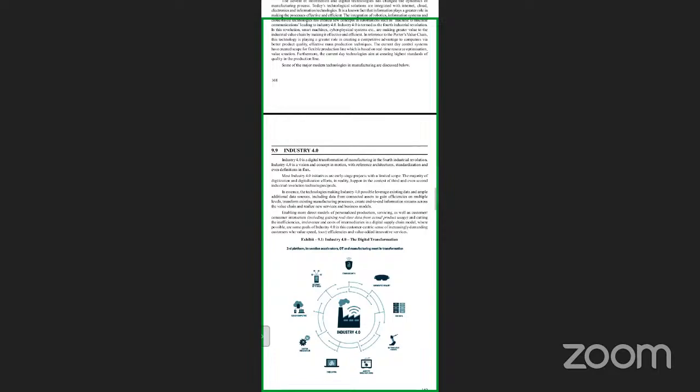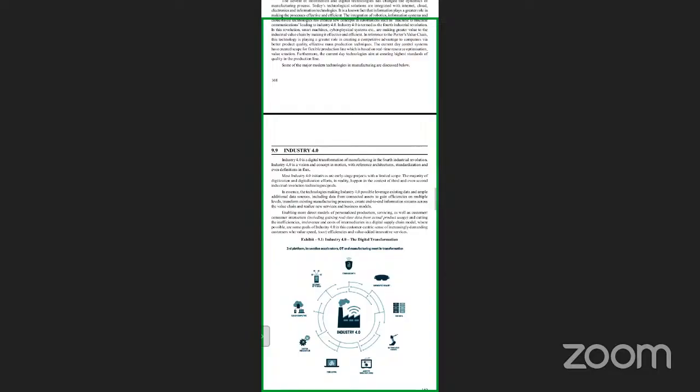Most Industry 4.0 initiatives are early-stage projects with a limited scope, and the majority of digitalization efforts in reality happen in the context of third and even second industrial revolution technologies. But in essence, what is new in Industry 4.0?